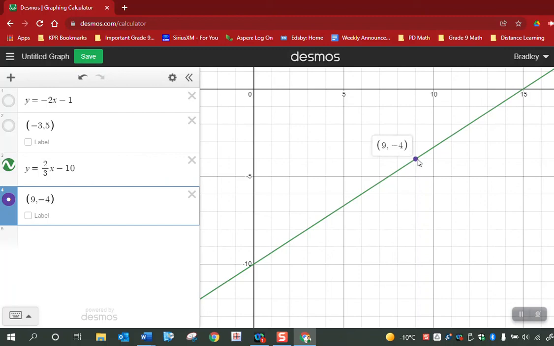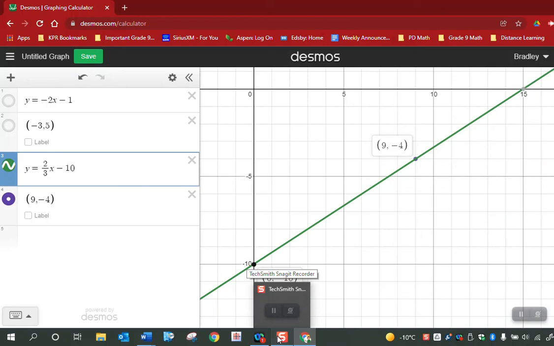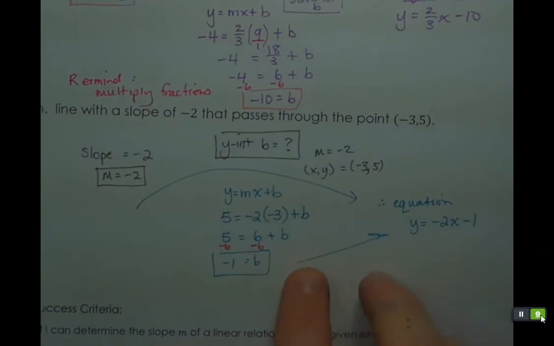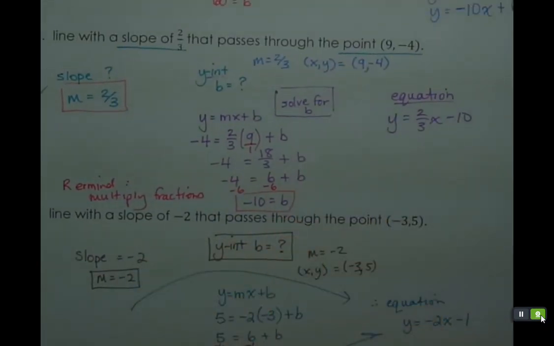There's my point (9, -4). There's my y-intercept of negative 10. It all works out. My slope is 2/3. So you can use Desmos as a way of checking your answers. Those are the two answers, and you can use Desmos to check that your answer makes sense.